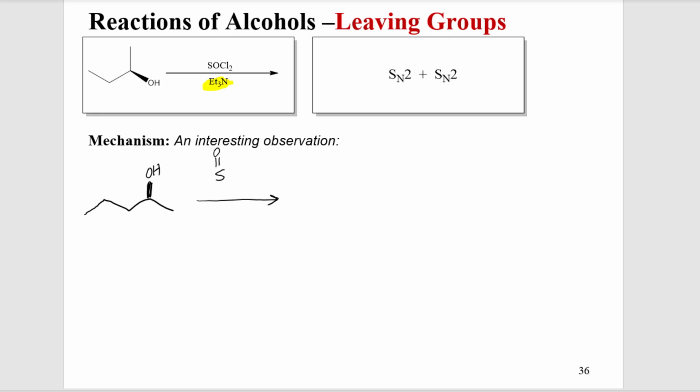You start with the thionyl chloride. Things start off okay. They're the same. I'm going to do my SN2. I'm going to talk about why I did an SN2 here a little bit later. Okay.